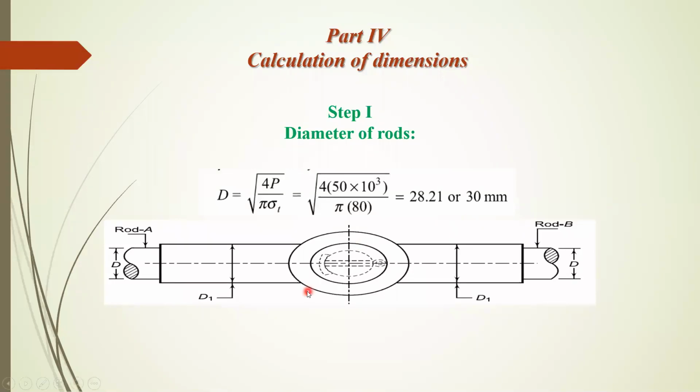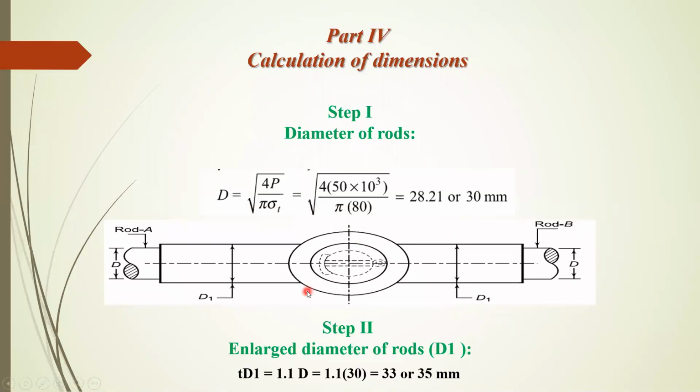Similarly, capital D1 is calculated in step 2. The enlarged diameter of rod D1 is calculated by an empirical relation. Here D1 is equal to 1.1 times capital D, the diameter of the rod. So it is about 33 mm, but the standard value is 35 mm.